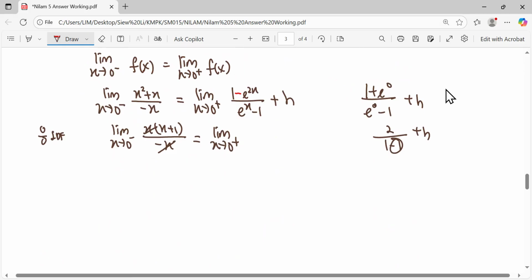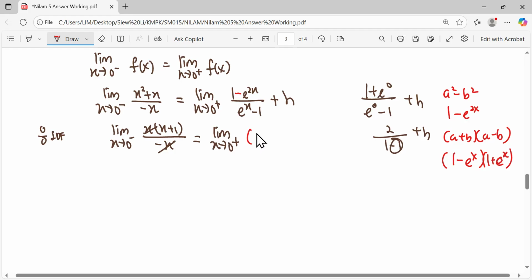So this one is a squared minus b squared form, 1 minus e^2x. When you want to factorize, it will be (a plus b)(a minus b). So it will be 1 minus the square root of this, which is e^x, since e^2x is (e^x) squared.